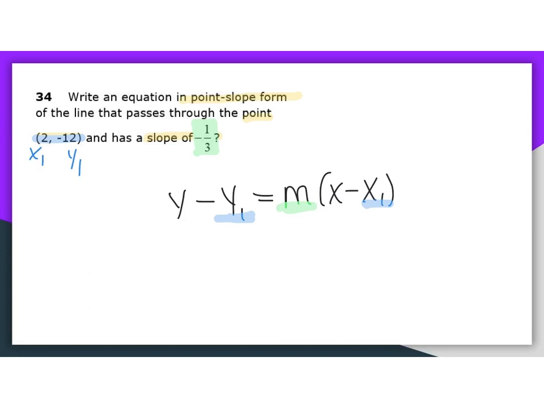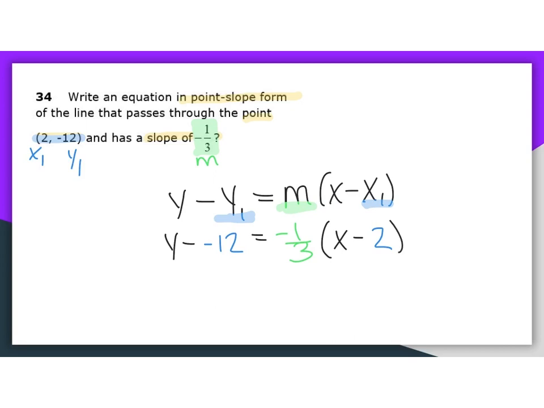So I'm going to go ahead and label that as well as m. From here, we're going to input the values. So I have y minus y1, which is a negative 12, equals m, which is our slope, which is negative 1/3, times x minus our x coordinate, which is 2.